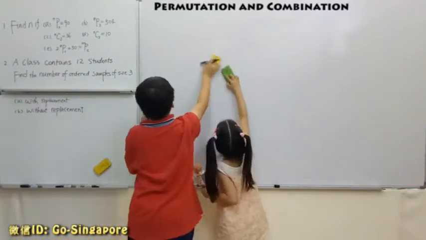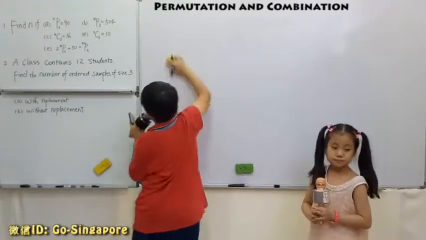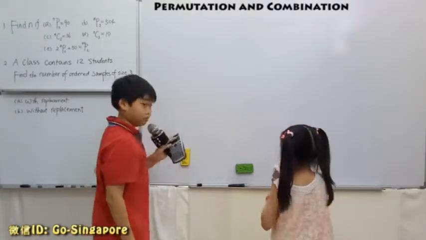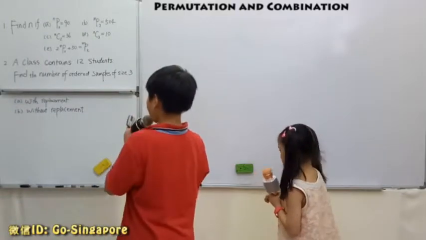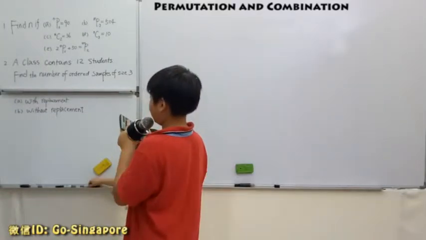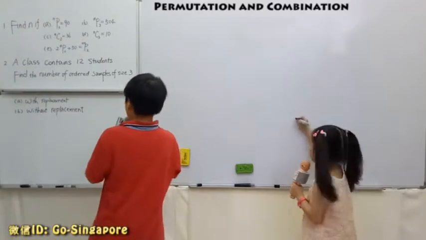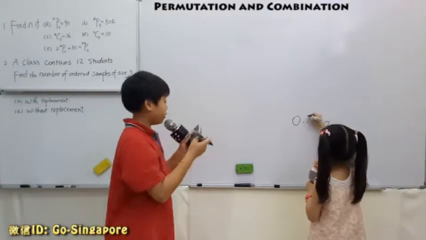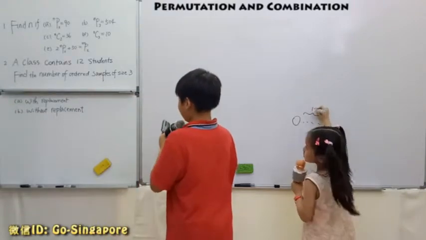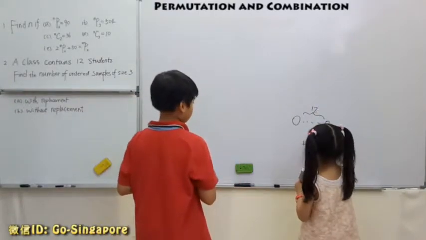Next we'll move on to the second question. It says a class contains 12 students, and you need to choose 3 out.